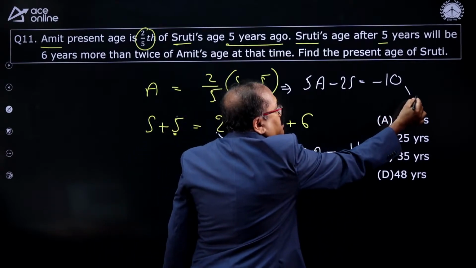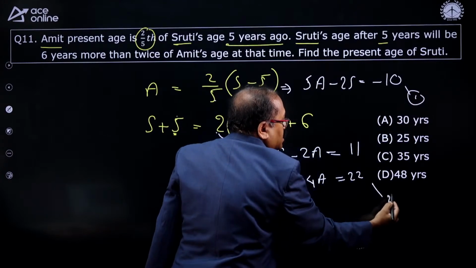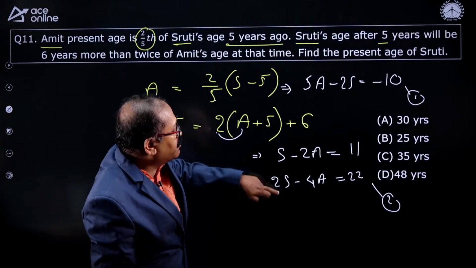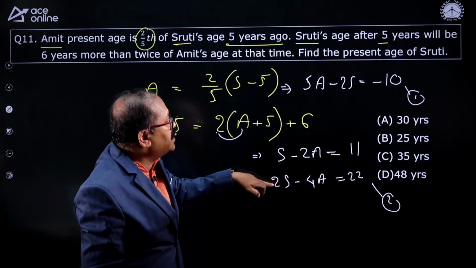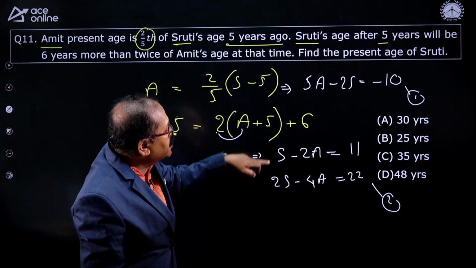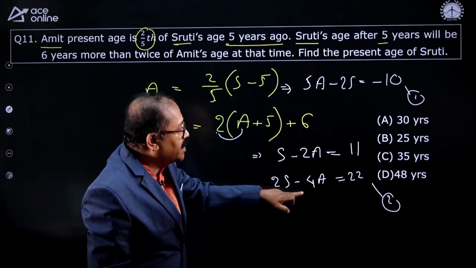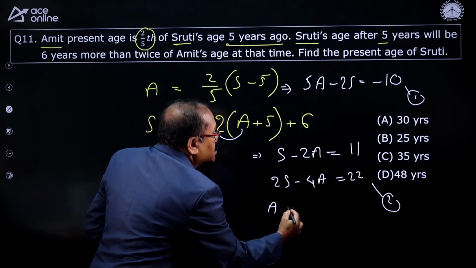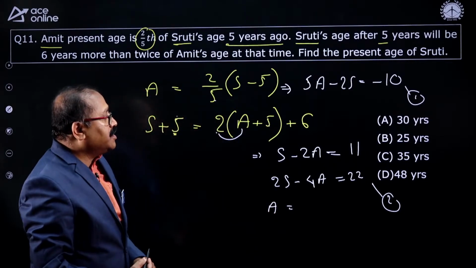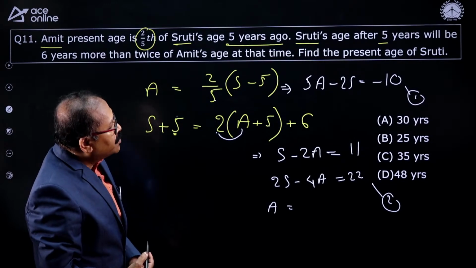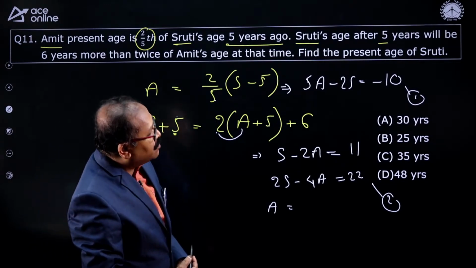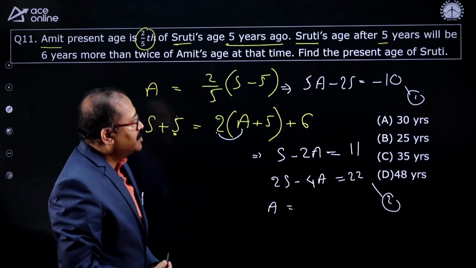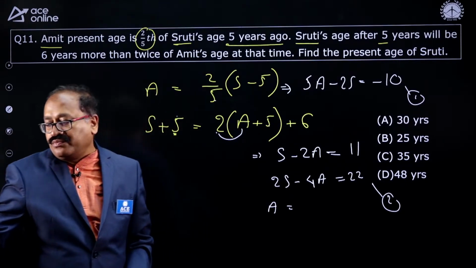Consider this as equation 1 and this as equation 2. If I add these two equations, this minus and this plus will get cancelled. So I will get 5A minus 4A, that is A, which is equal to, adding these two, what comes over here? Did I go anywhere wrong?